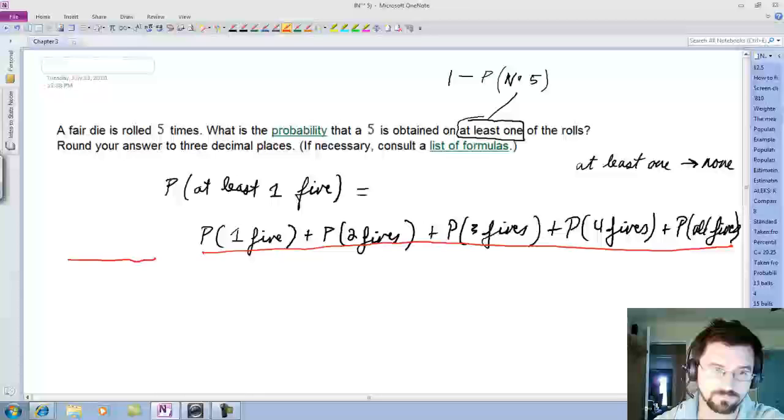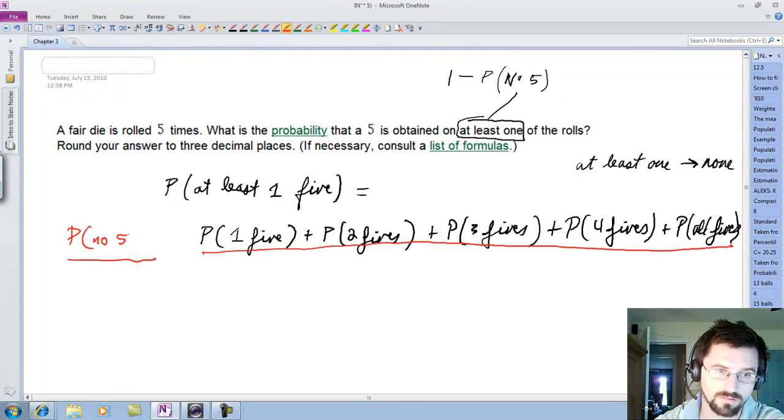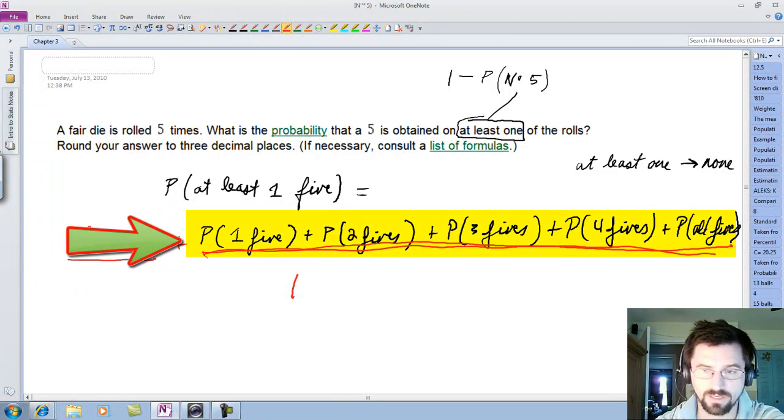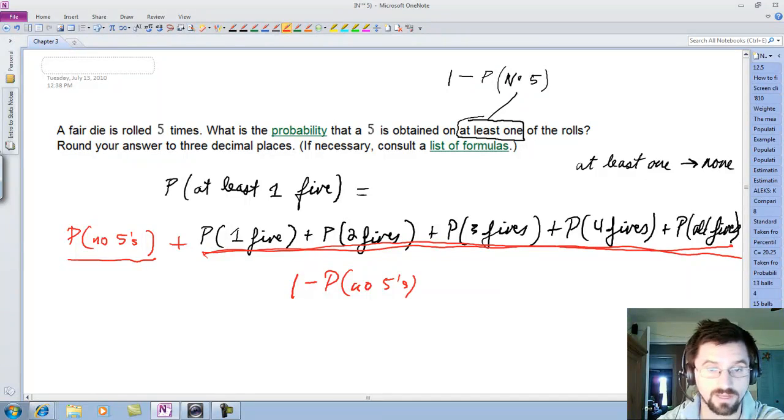So P of no 5s, all of these would add up to 1 because they are every possible outcome. So if we want just this side over here, we can go 1 minus P of no 5s because that's the complementary event.